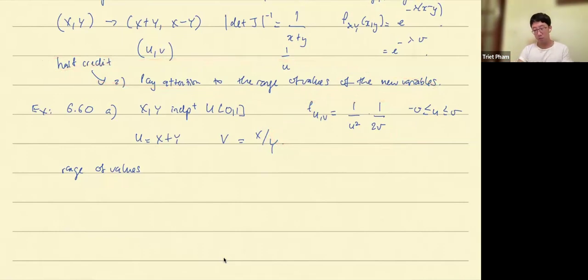In fact, you'll see that the range of values plays a very important role when you do statistics on the parameters of the distribution. But let's go back to this example. Here, if you look at the range of values of U and V, clearly U is between 0 and 2. But what about V?